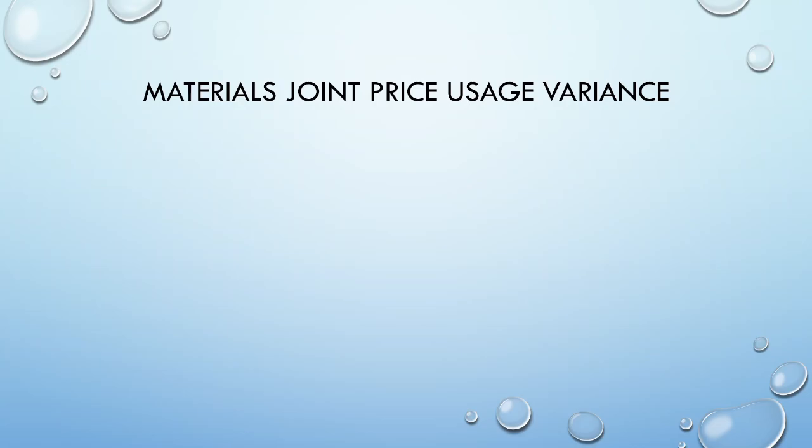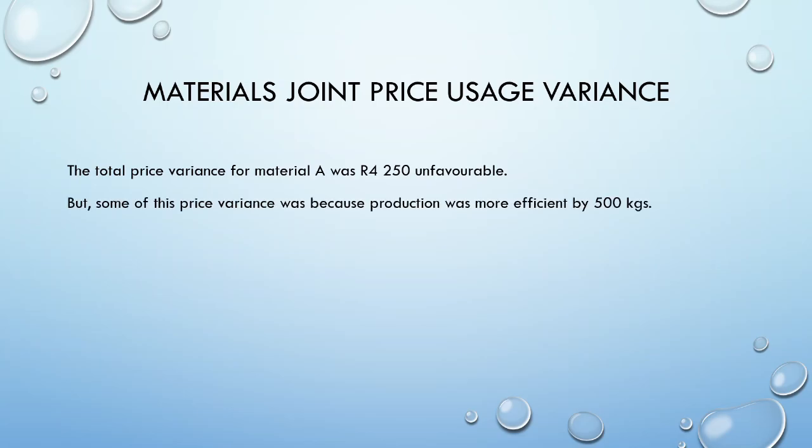So from our previous calculations, we saw that the total material price variance for material A was 4,250 Rand unfavorable. However, some of this was because production was more efficient by 500 kilograms. So let's break up this variance into the pure price and the joint price usage variances.